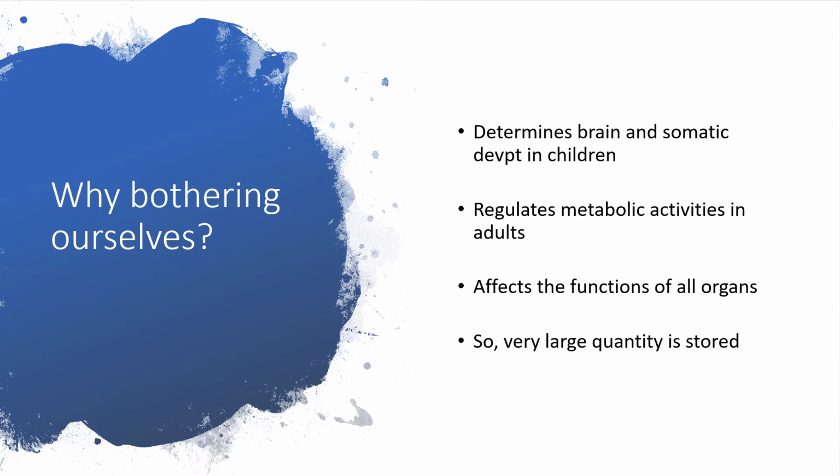Initially, a very large quantity is produced and stored, but will be released into the circulatory system as the metabolic activities or the functions of organs or the development of brain and somatic development in children will require.